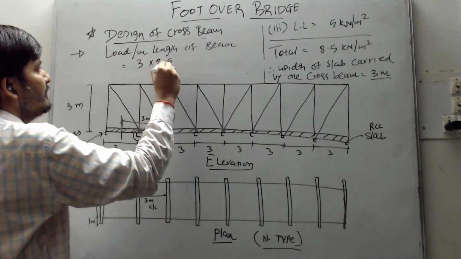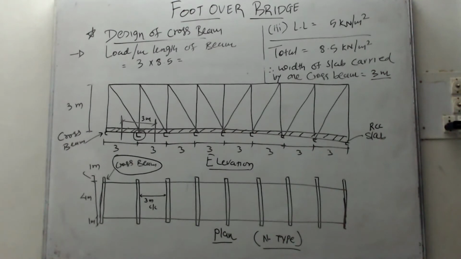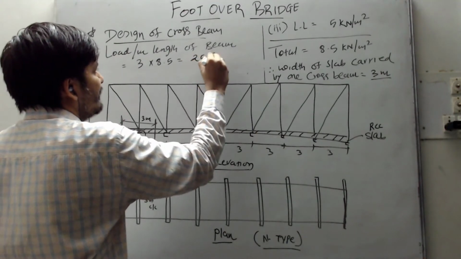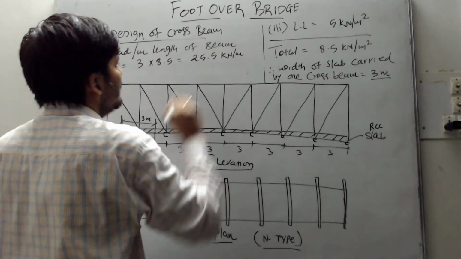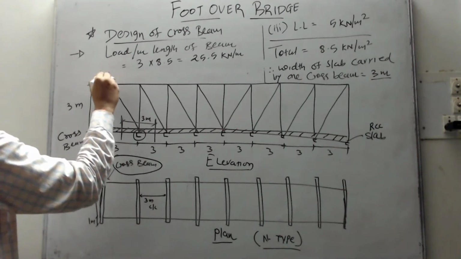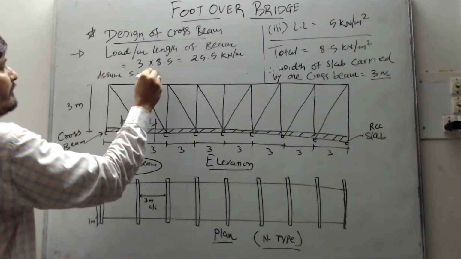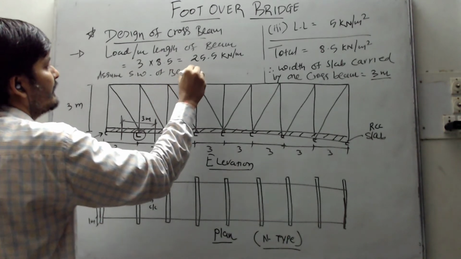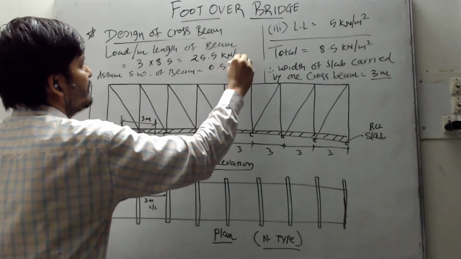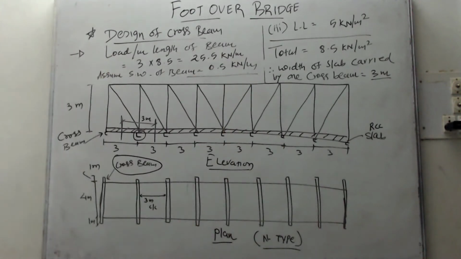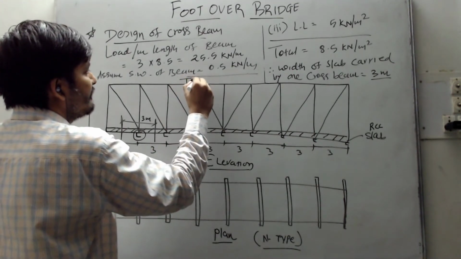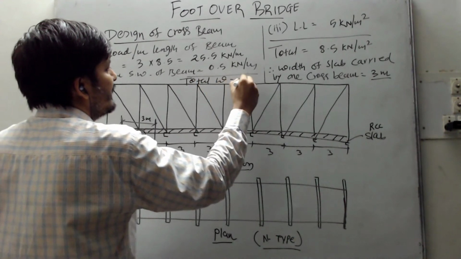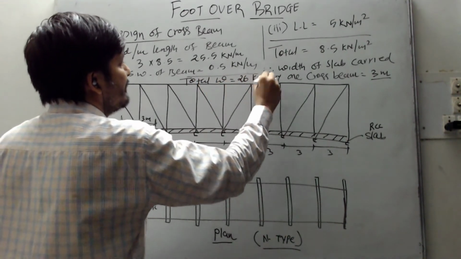So this will give me the final value as 25.5 kilonewton per meter, and we can assume self weight of beam as 0.5 kilonewton per meter. So we have assumed the self weight of beam as 0.5. So my final total UDL value will be 26 kilonewton per meter. So total UDL will be 26 kilonewton per meter, that is acting on my beam.